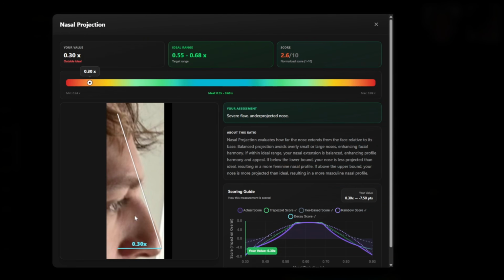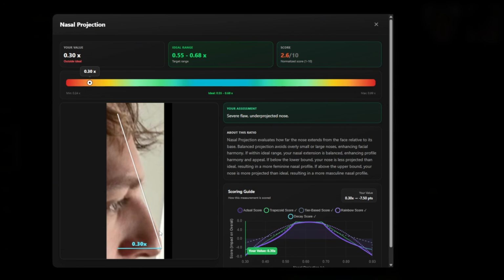Nasal projection is really low. And nasal projection not only has to do with the actual protrusion of your nose, which it does calculate for sure, but it also has to do with the shape of it. Like if the nasal bridge here, the dorsum, is too bulbous or protruded, it'll definitely mess up your measurement. So this could indicate either of two things: a really unprotruded nose, which I don't think is the case for him.